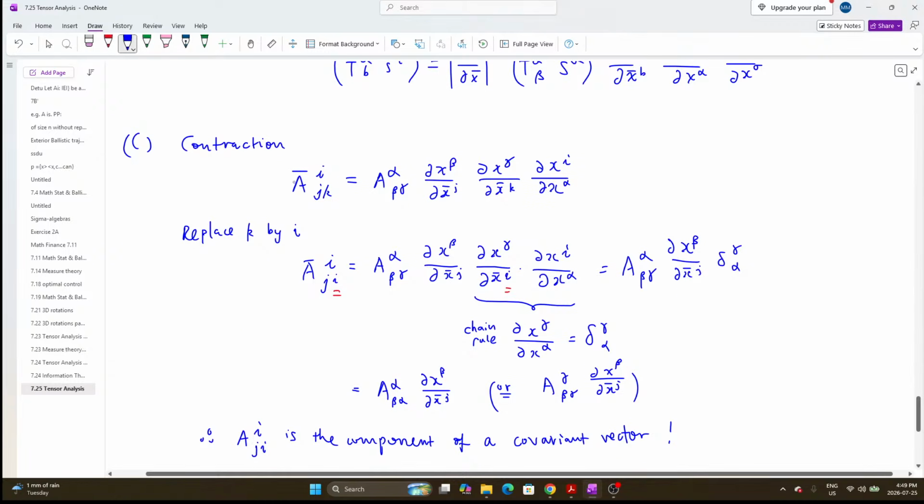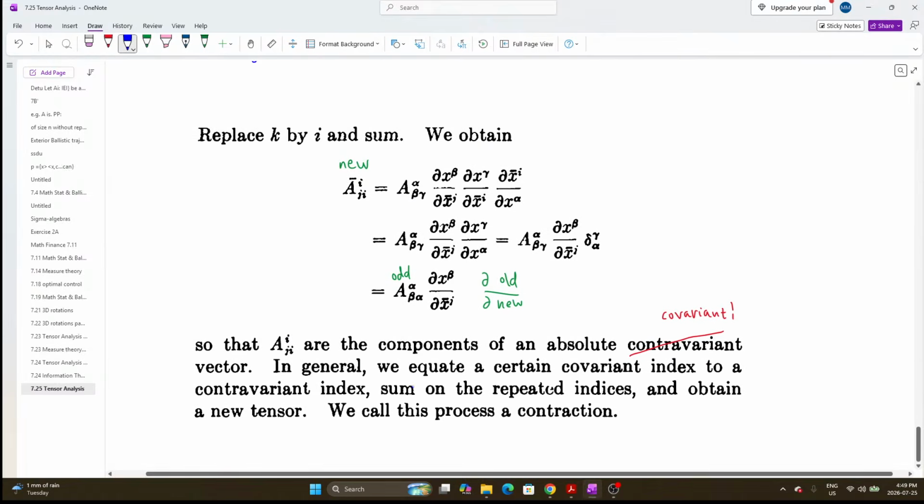So think about it. Here, if you replace k by i, the only free index is j. So it makes sense that because j is a downstairs index, what remains is a covariant vector. And indeed it is. It's just that in the textbook there is a mistake.